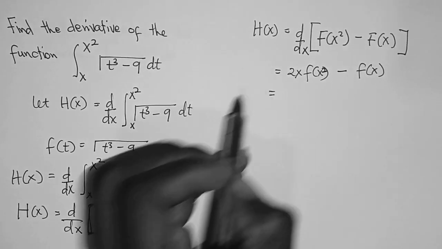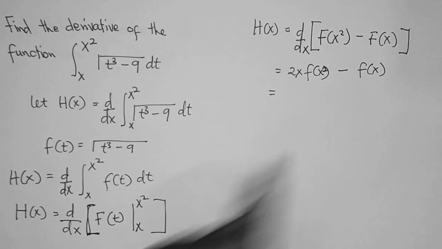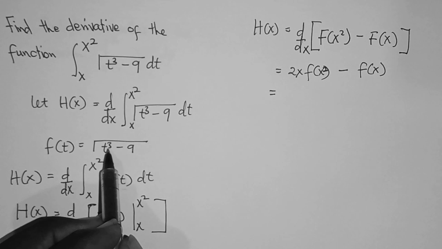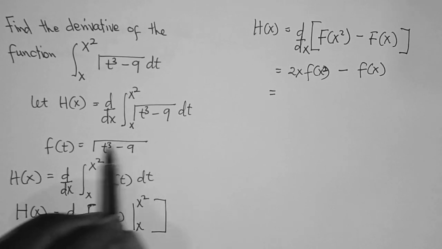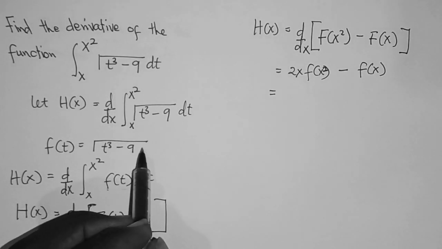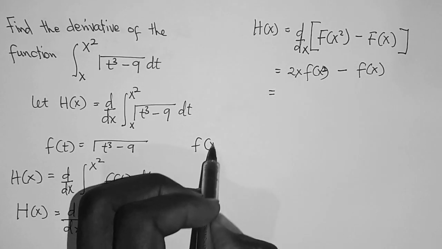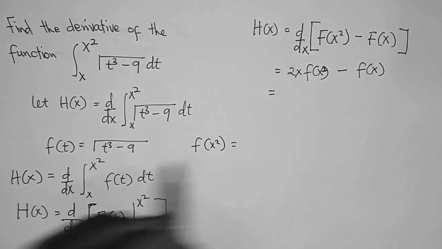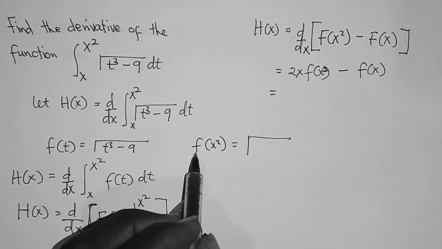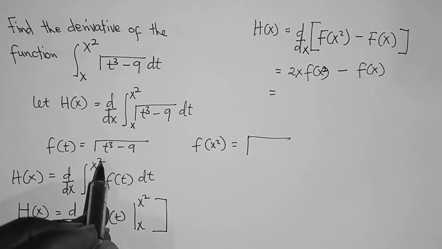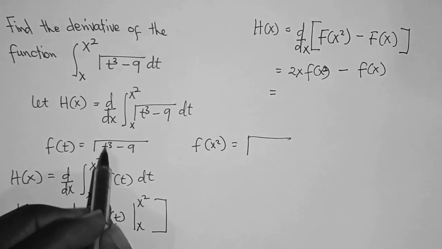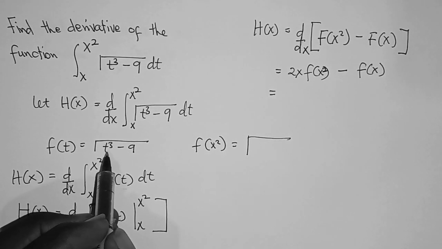So this is equal to, now remember that we said f of t equals square root of t cubed minus 9. So what is f of x squared? Wherever we see t, we replace it with x squared.